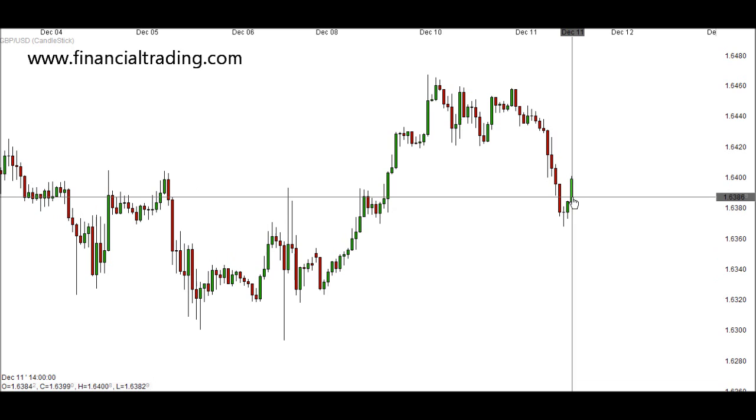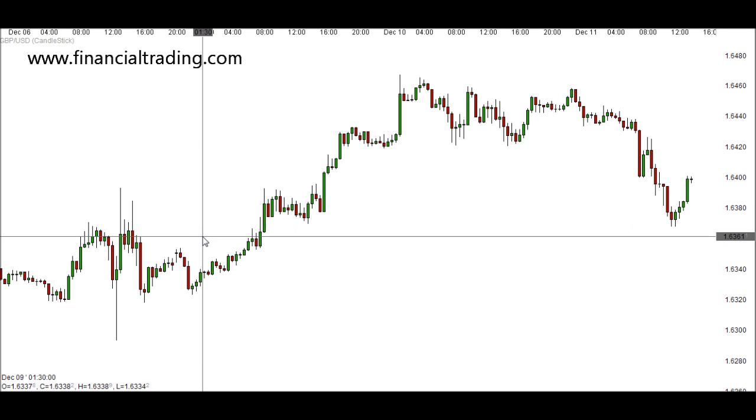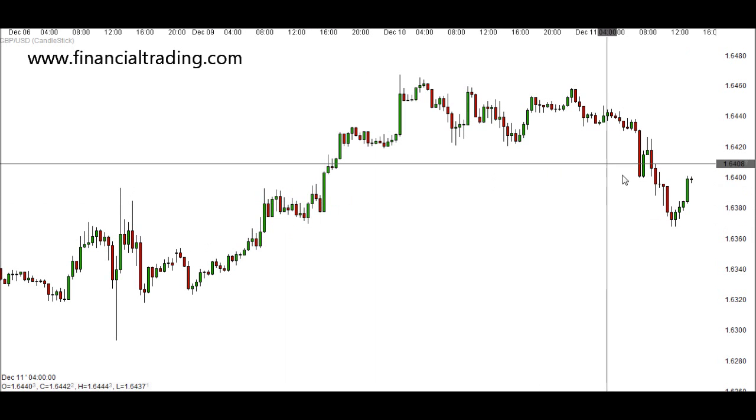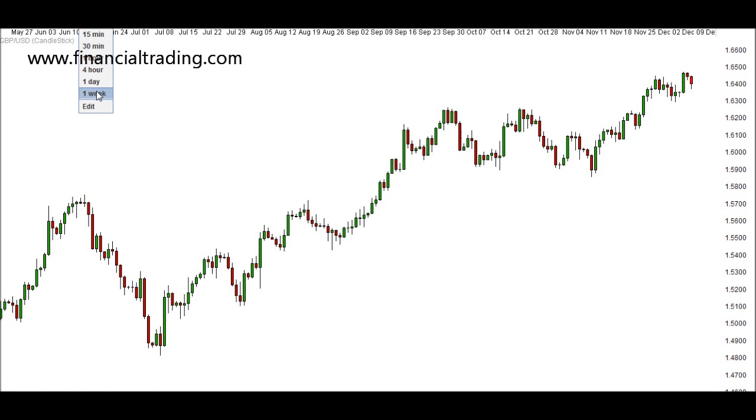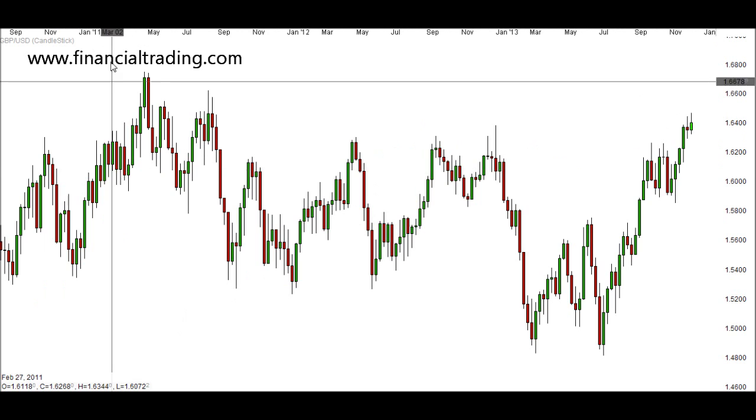For example, the current candlestick we are on opened at 2 o'clock in the afternoon. When it comes to 3 o'clock in the afternoon, it will close and a new one will open. We can go to a 30-minute chart or graph, and each one of these candlesticks represents 30 minutes of time. We also have daily graphs and weekly graphs.